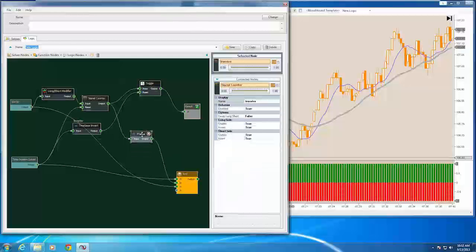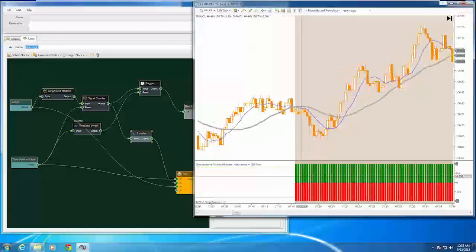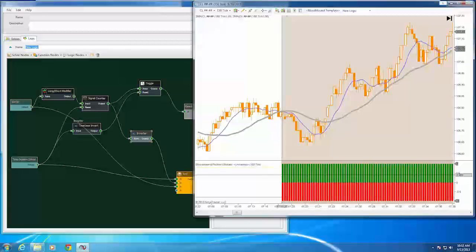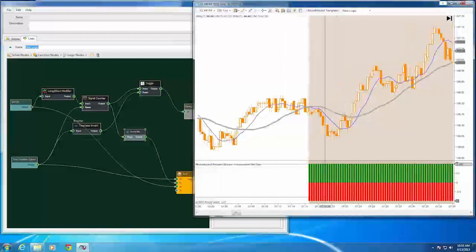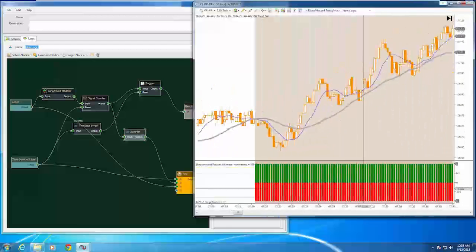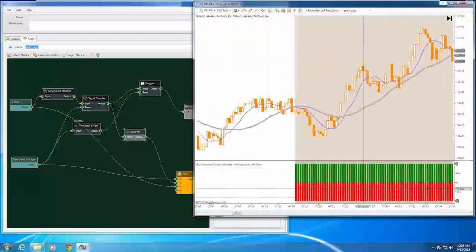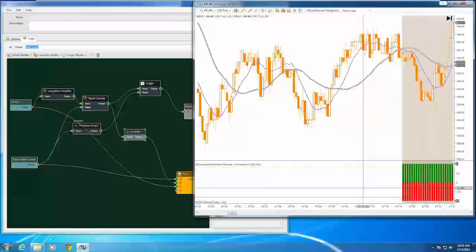All right, so that will look just like before. Now we want to do the same thing we did before, which is invert it.